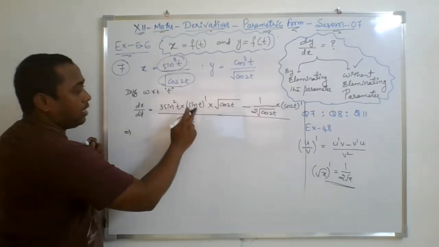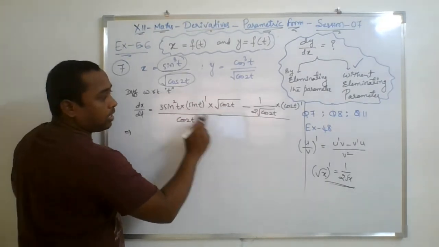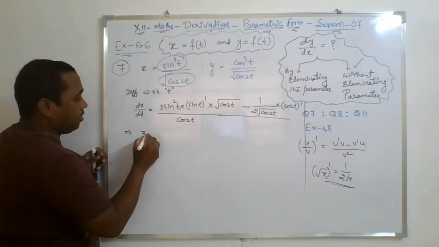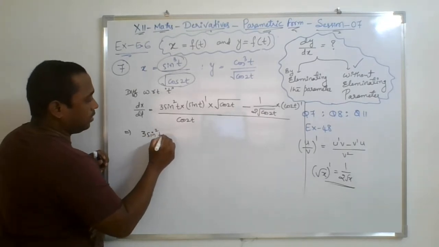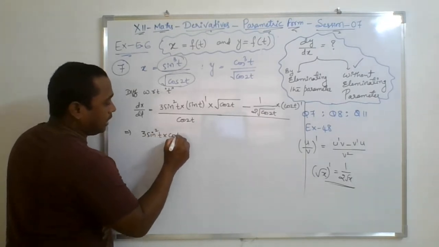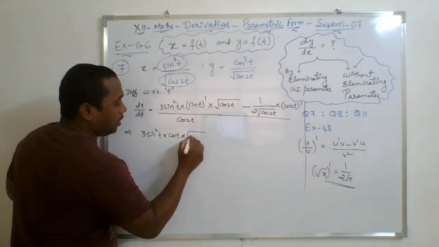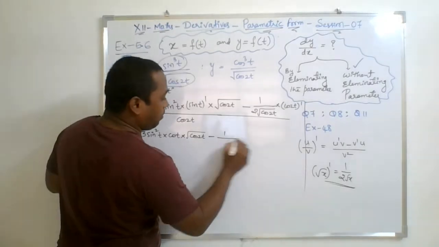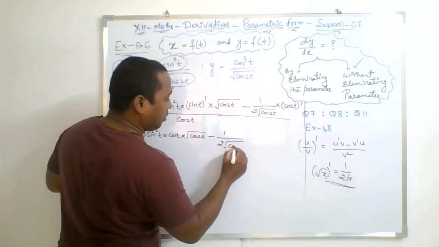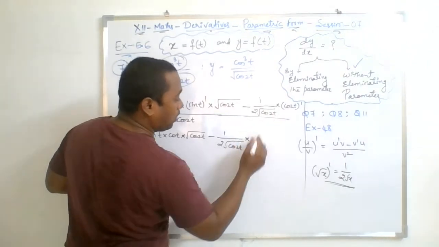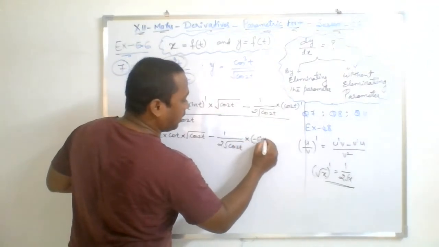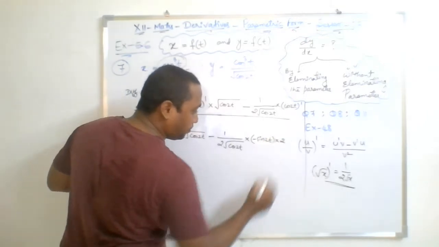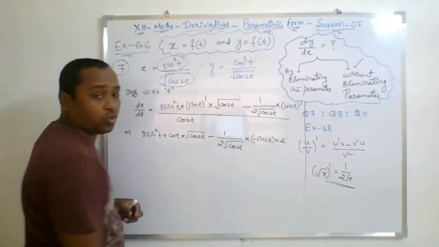So here sin t derivative becomes cos t, and cos 2t derivative becomes minus sin 2t. So finally what I am going to get is sine square t into cos t into under root of cos 2t, minus 1 by 2 root cos 2t into, the derivative of cos is minus sin 2t, into the derivative of 2t which is 2. Don't forget the chain rule.